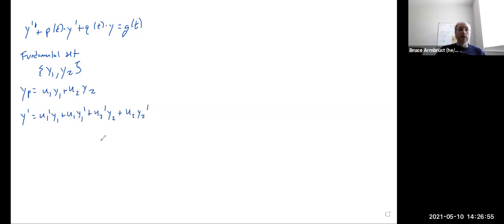So let's think about our restriction. The restriction we did before was the piece that had the cosine and the sine and all that. But let's think about what we really got rid of.